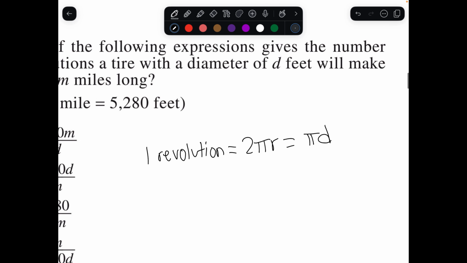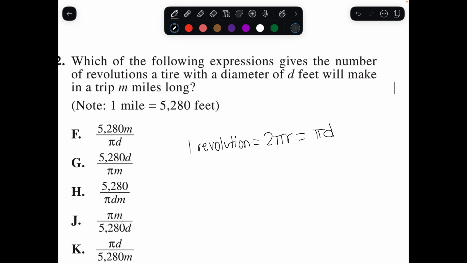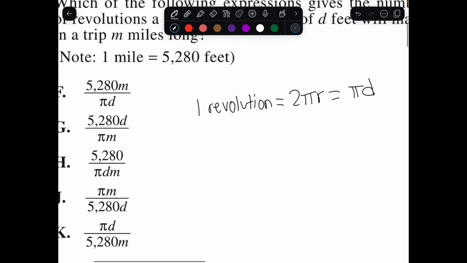Now we want to figure out how many total revolutions a tire will make in a trip m miles long. Notice that the diameter is given to us in feet, so let's convert miles into feet. We're given m miles, and we want to convert that into feet.